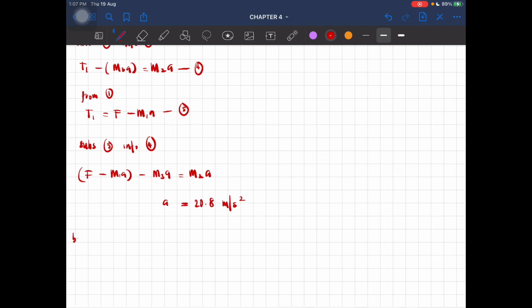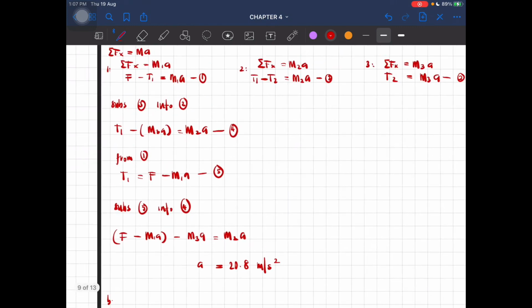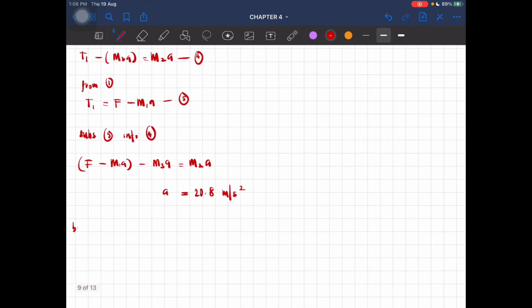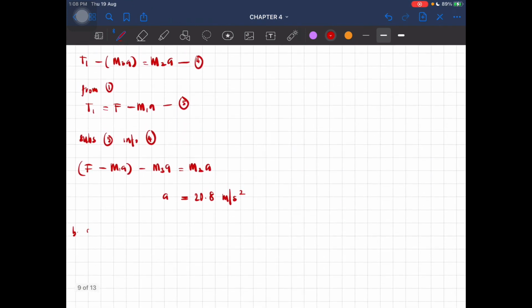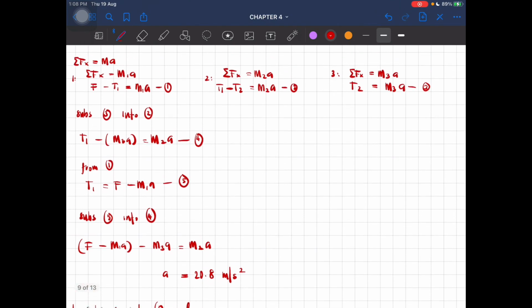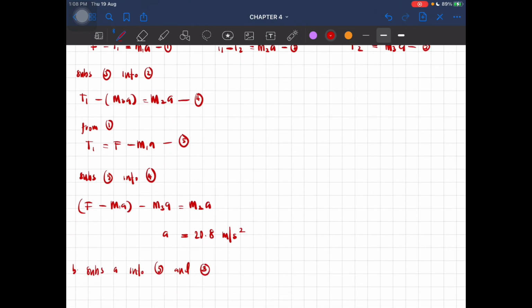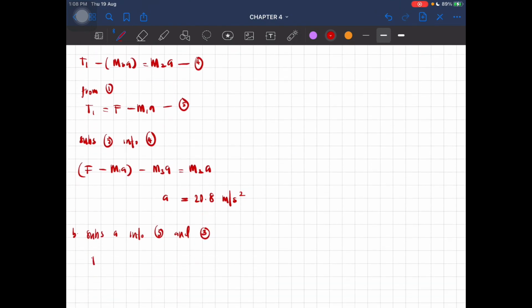And then now question B, we have to find the tension 1 and tension 2. So that is just substituting the values. Substitute A into equation 5 and equation number 3 to find T1 and T2. So T1 is just 1000 minus M1, which is 3, times acceleration 20.8.